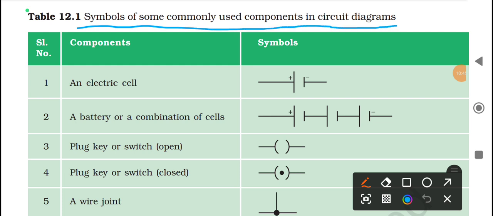Symbols of some commonly used components in circuit diagrams.